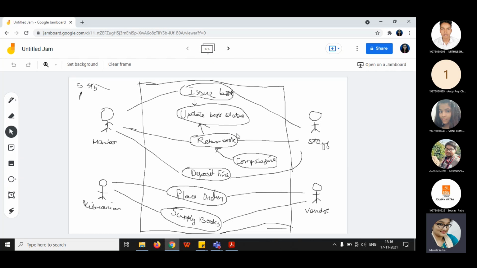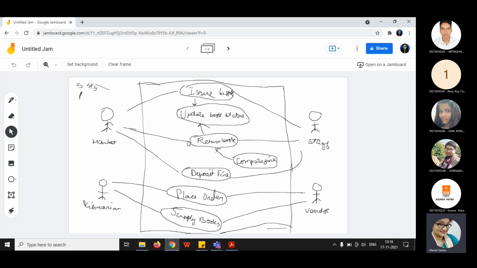The use cases, enclosed in ovals, are issue book, update book status, return book, compute fine, deposit fine, place order, and supply books.